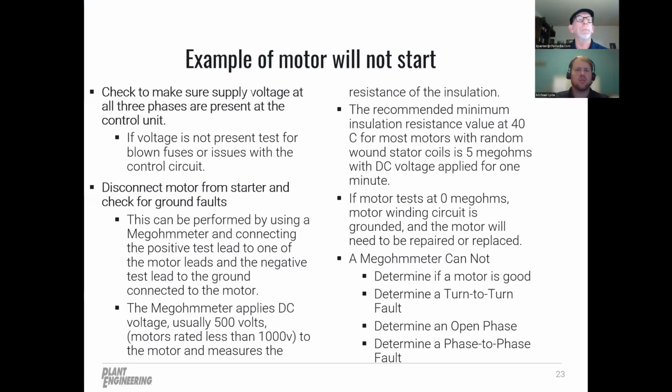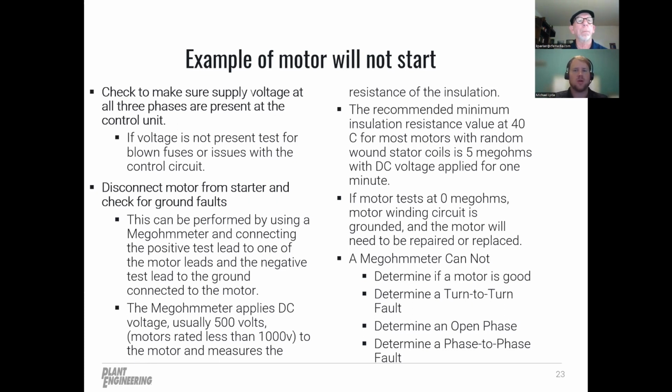Once we go through the preliminary tests we covered earlier, testing for supply voltage and eliminating blown fuses, we move on to the next system component. The control circuit is tested to make sure the proper supply voltage is coming in and out of the unit. If you're seeing a fault coming from the VFD, it will show it on its screen, its HMI, or soft starter, then use that code to help troubleshoot what may be going on.